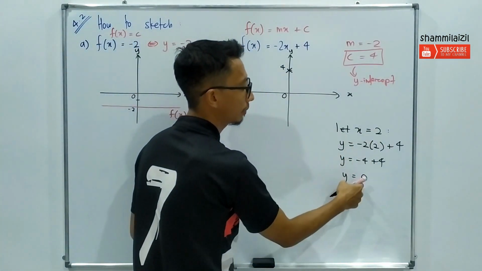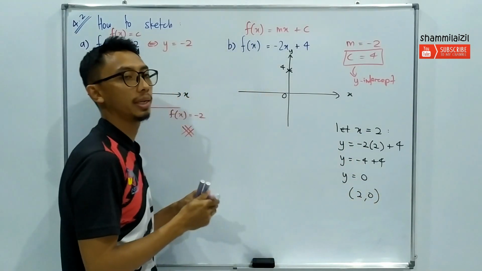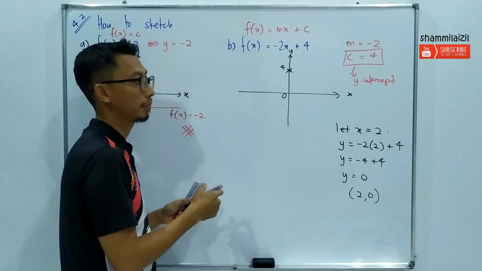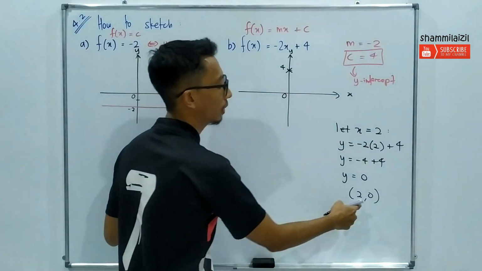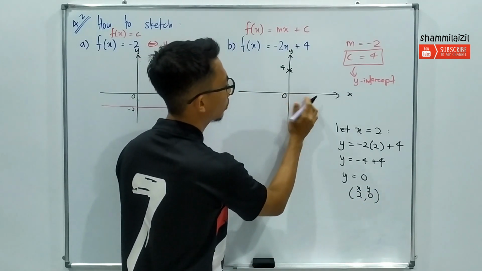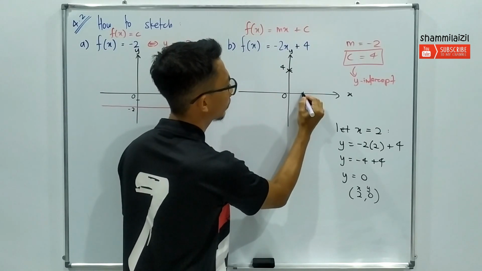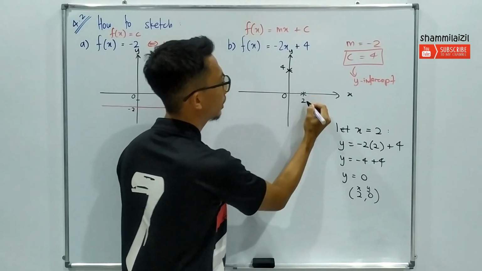So what does it mean? These two combined will be the coordinate for the next point on the graph. So the coordinate is x 2, y 0. 2 units to the right. So somewhere here maybe. So here will be 2.